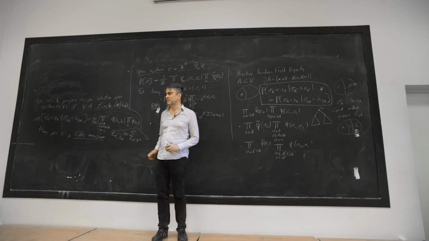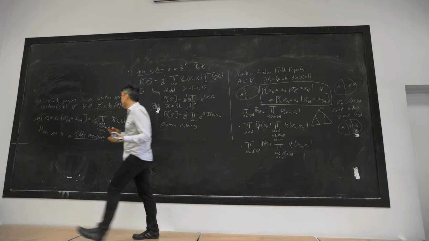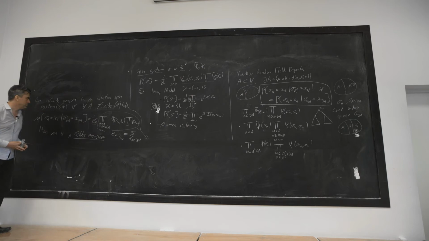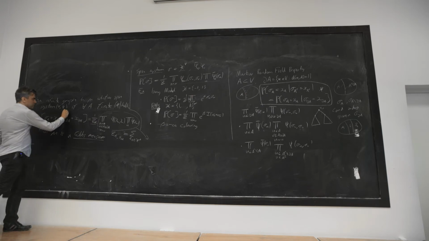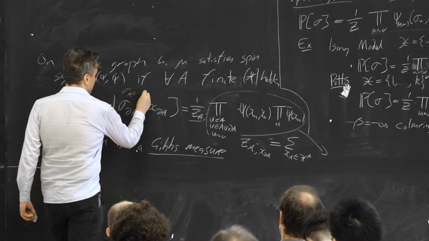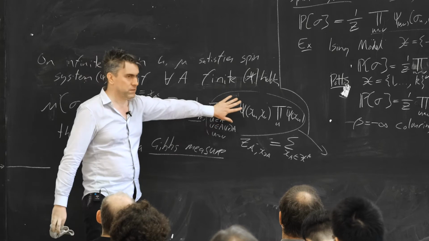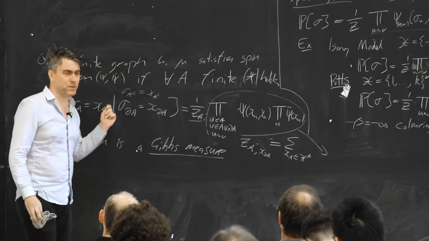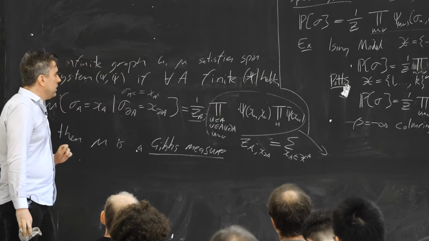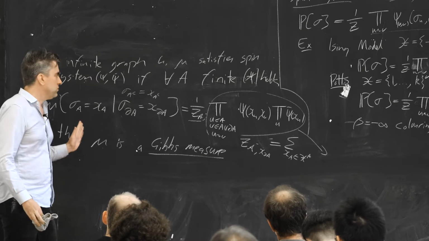But maybe it would have been smarter to write this as, given sigma A complement equals XA complement, and then you see that the probability just depends on the value on the boundary. Okay, good.